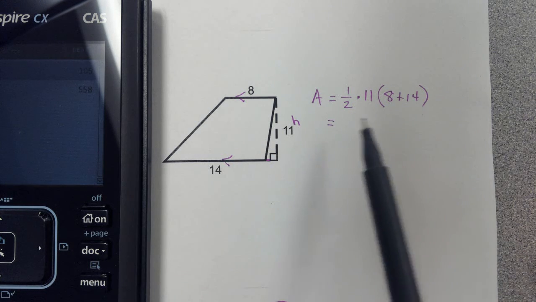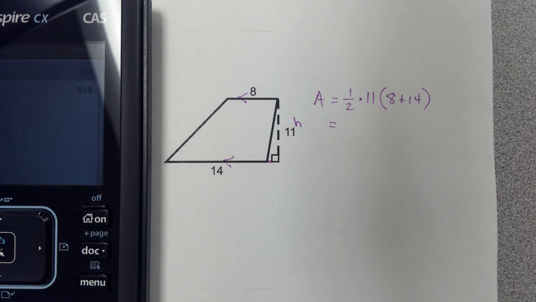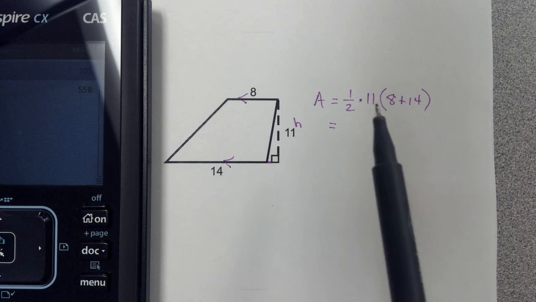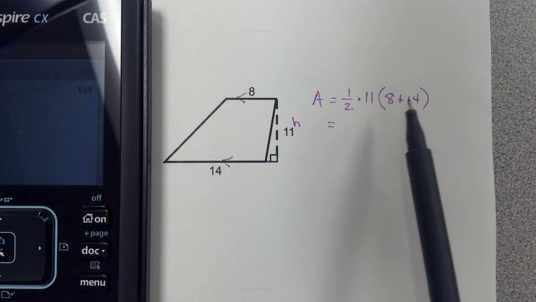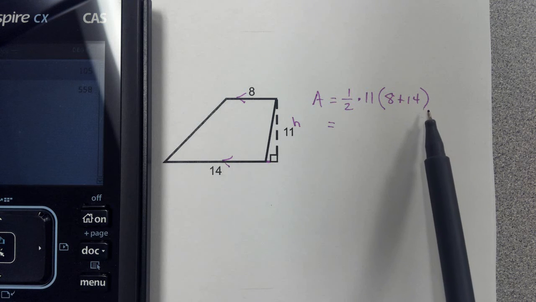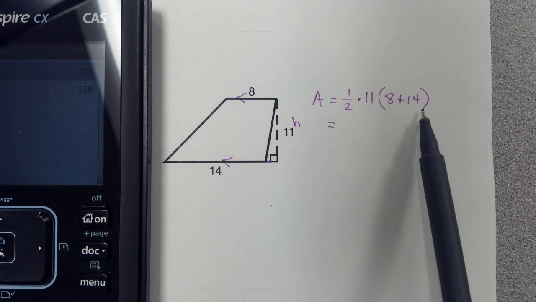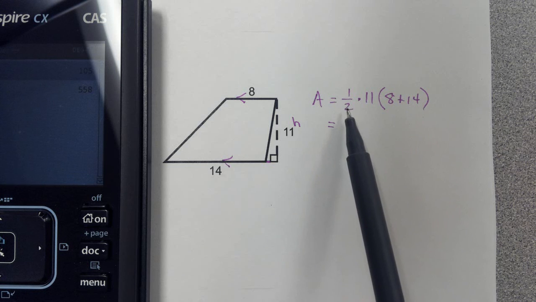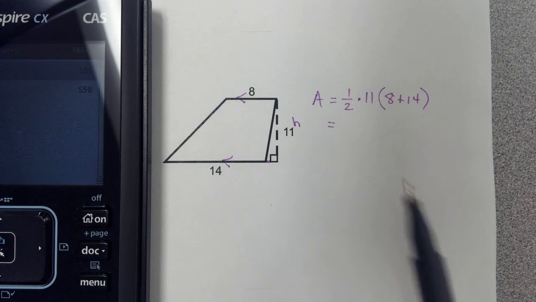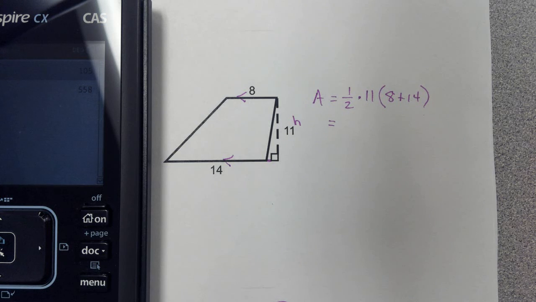And we can either multiply manually and get our answer, or we can use the calculator. For those of you who are pretty savvy with your addition and multiplication facts, 8 plus 14 is 22. And half of 22 is 11, and 11 times 11 is 121. You could do this without a calculator.